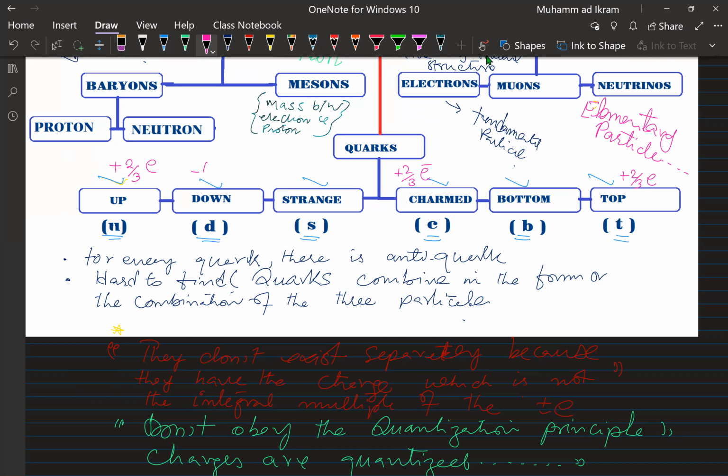Here minus 1/3 of the electron, and all the rest the same here, minus 1/3 of the electron. So these are the charges on the quarks.